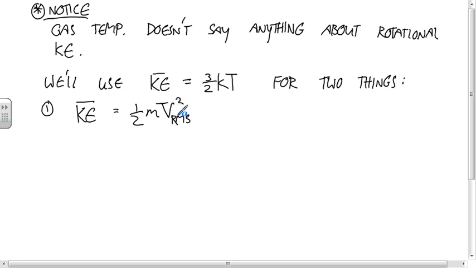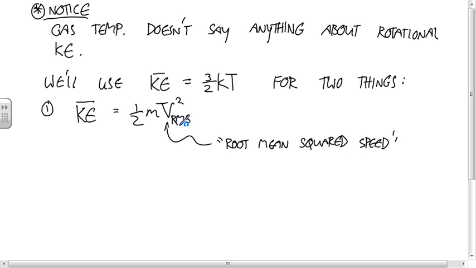This speed is called the root mean squared speed. Most people just call it the RMS speed. And it's not exactly the speed of the average molecule, but you can sort of think of it that way.